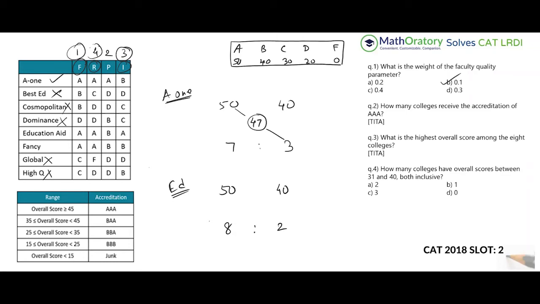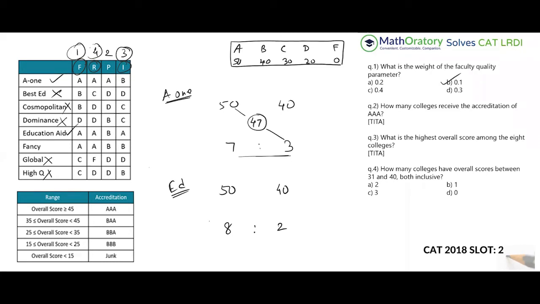When we had a ratio of 7:3, we got an average of 47. Now, since the weight of 50 has increased from 7 to 8, the average is bound to increase, right? So the net average in this case will be higher than that of A1. So education aid is definitely qualifying under the AA category. So this is also qualifying.